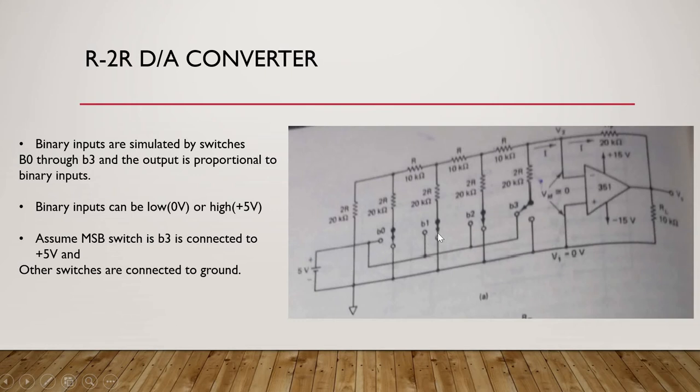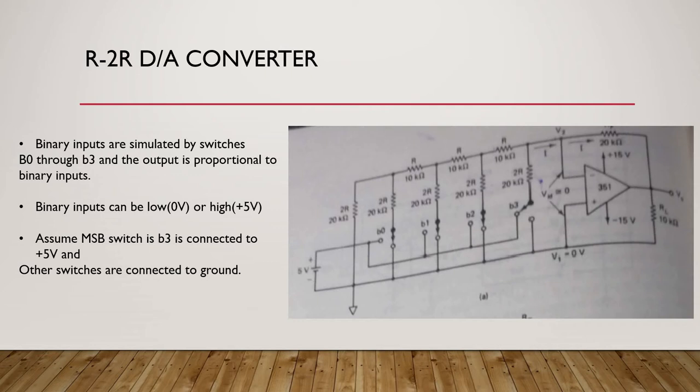That is, whenever it is connected to this position, it indicates that the switches are connected to plus 5 volt, meaning the input we are getting is logic 1. Whenever the switches are connected to the ground, the corresponding binary input is at logic 0. So here B3 is the MSB and B0 is the LSB.